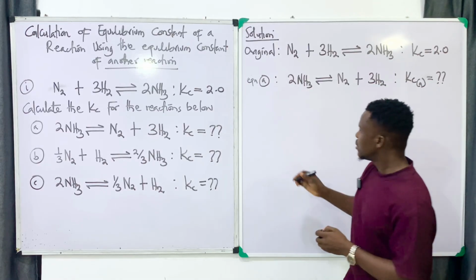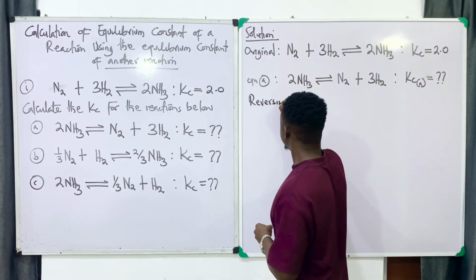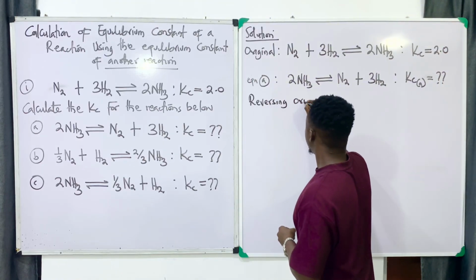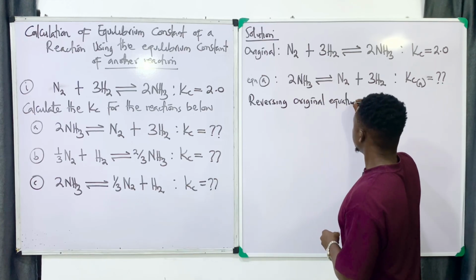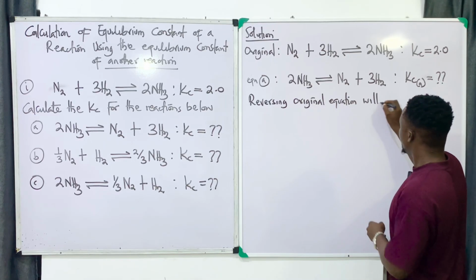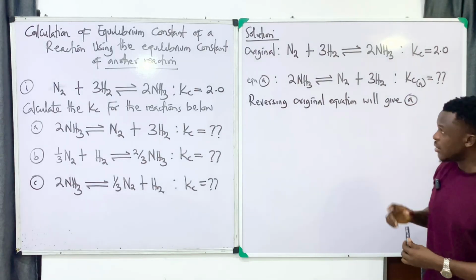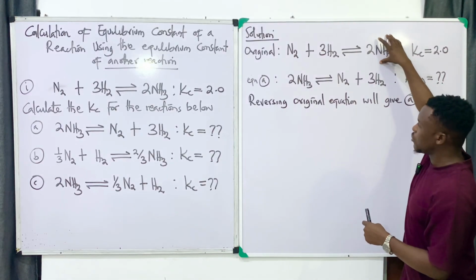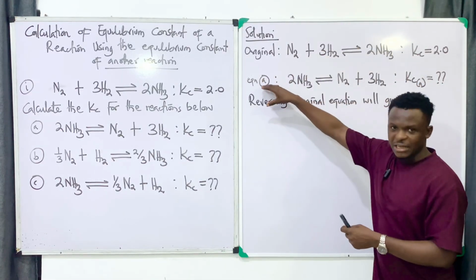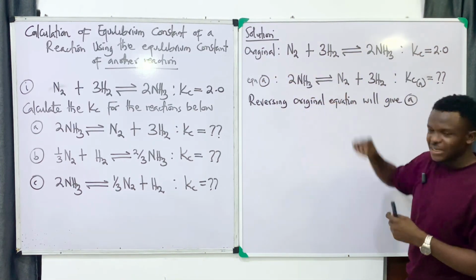Good question. So I'll say reversing the original equation will give equation A. Now, what do we mean by reversing? If you bring what we have on the product side to the left, and bring what we have on the reactant side to the right, that is what we mean by reversing.